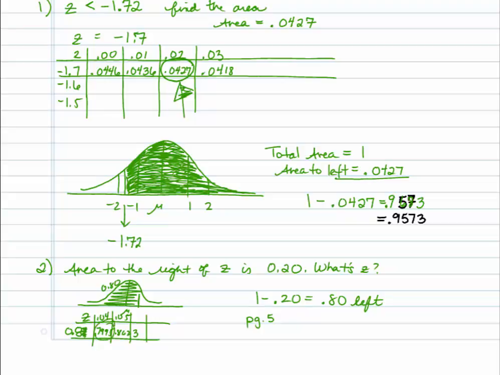I'm going to go with this one, which would be a z-score of 0.84, because to me, it looks like it's closer to 0.7995 than it is to 0.8023. I want just 0.8000. So that's how you can work backwards. And you can also find values within. You'd have to do some subtraction and moving things around. Let's check your understanding.